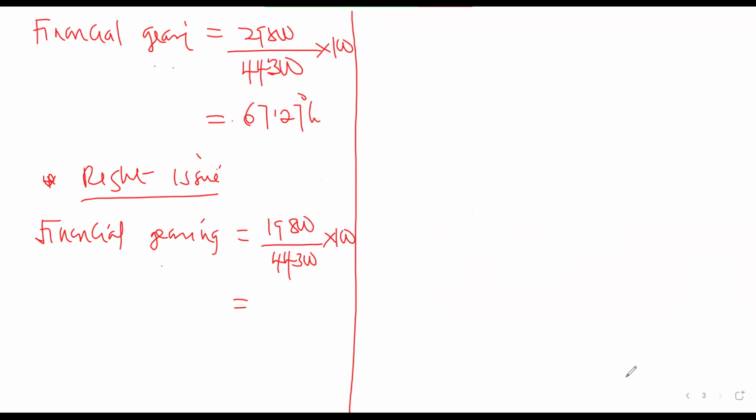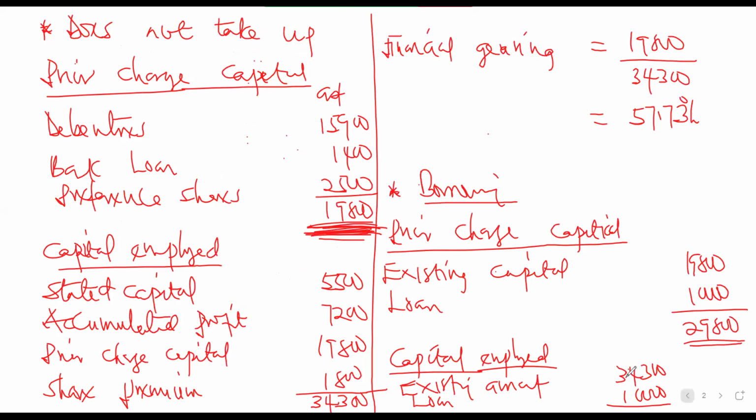Sir, why are you maintaining the 44,300? Because the next option is by means of a right issue.